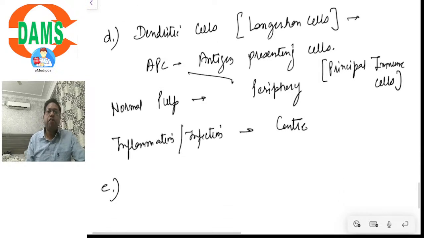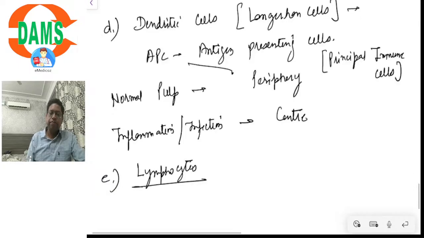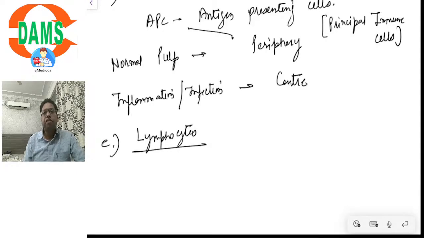Another cellular component of the dental pulp is the lymphocytes. Lymphocytes are the white blood cells. All of you know that there are two types of lymphocytes present in the body, the B and the T lymphocytes.